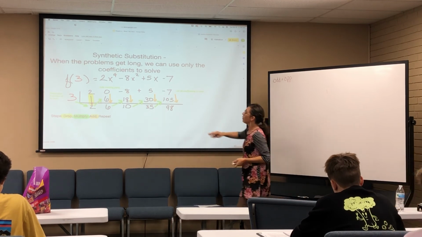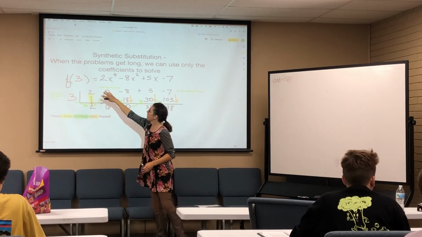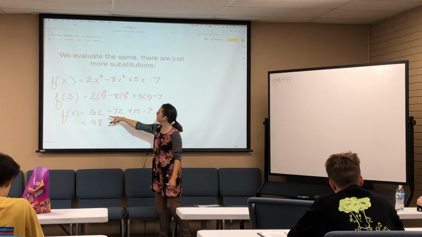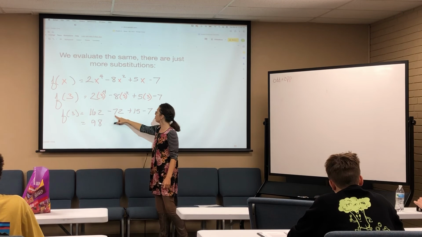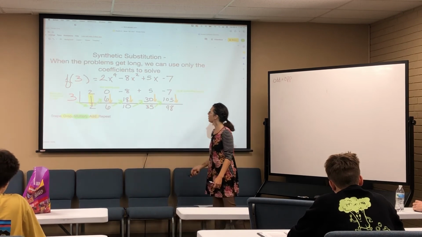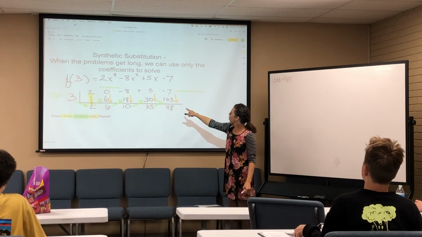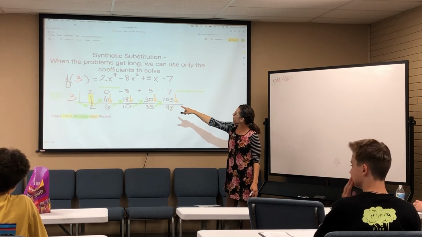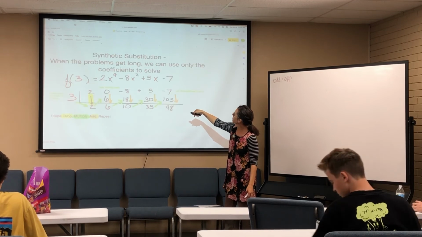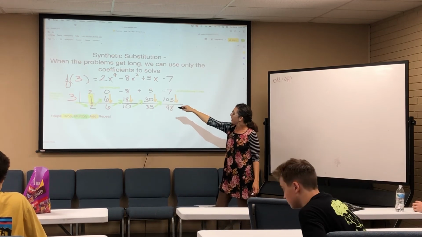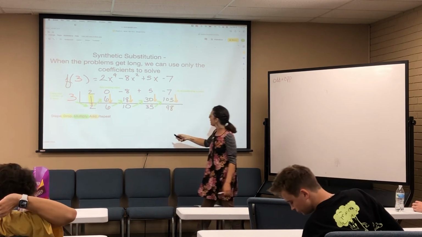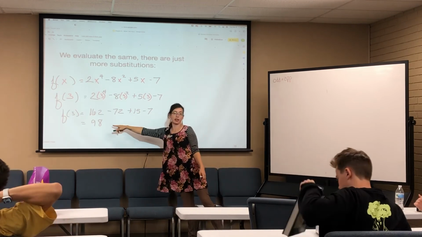Okay, so if I were to actually plug in that f of 3 like I just did here, I ended up with 162 minus 72, 15, and negative 7, across. If I was to actually plug them all in, I ended up with a solution of 98, right?